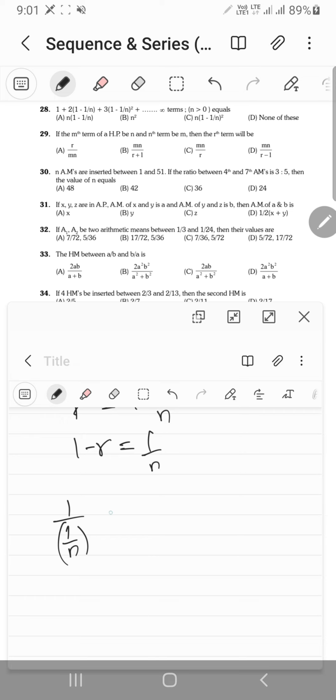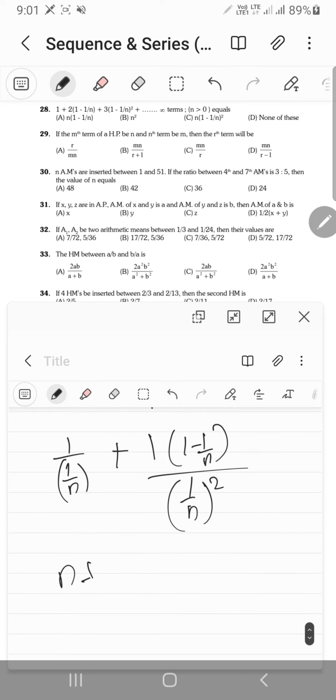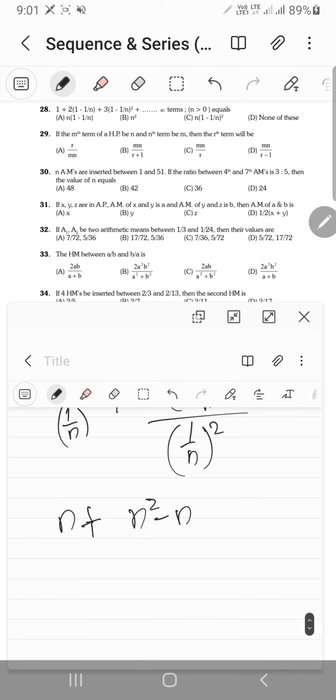Plus D, which is 1, times (1 minus 1 upon n) upon (1 minus R) squared, so 1 upon n squared. That will be n plus, the n squared goes up, so it's n squared minus n. Yes, so this is just n squared.